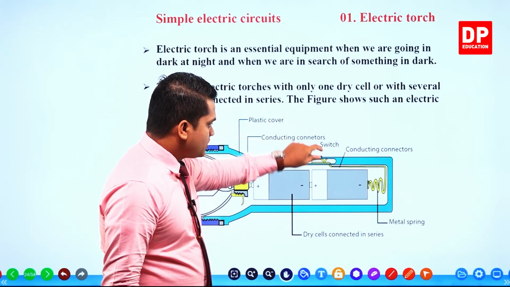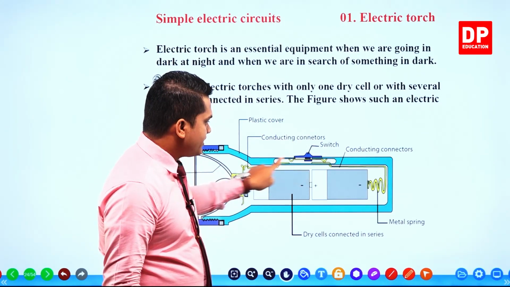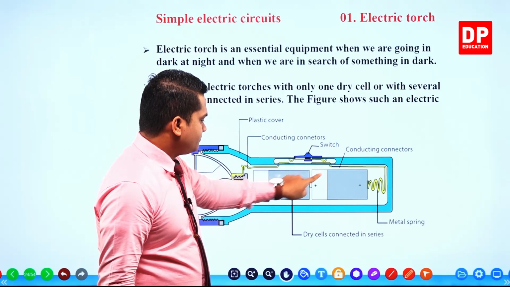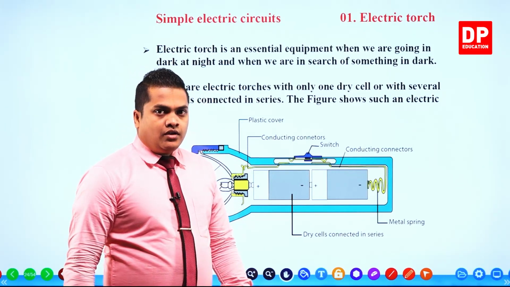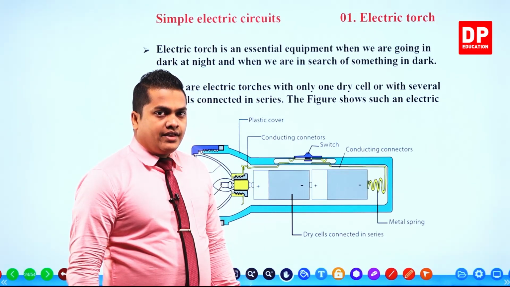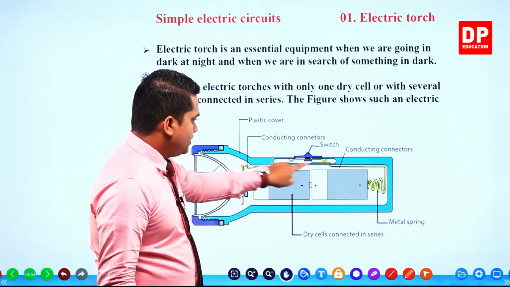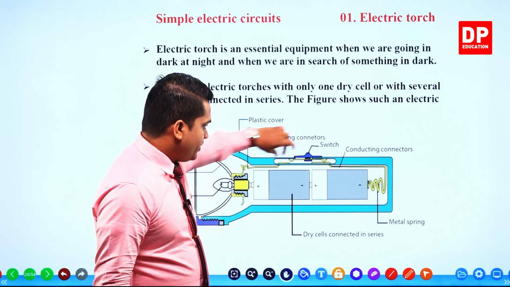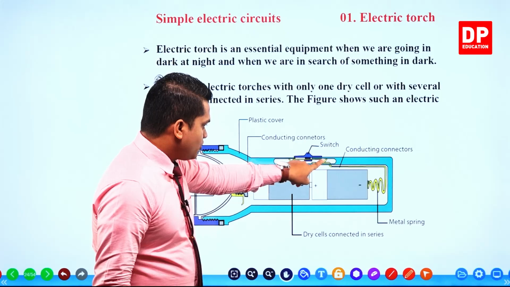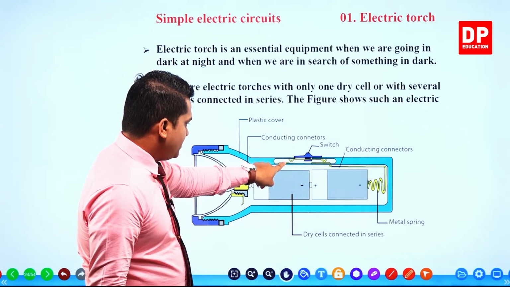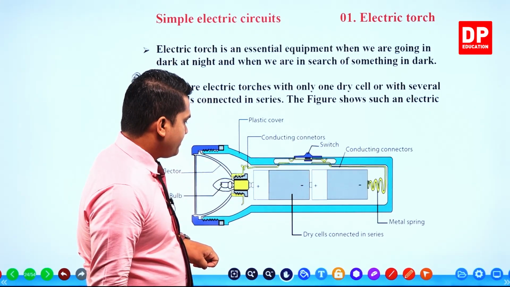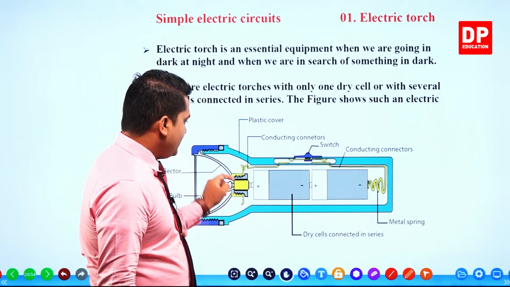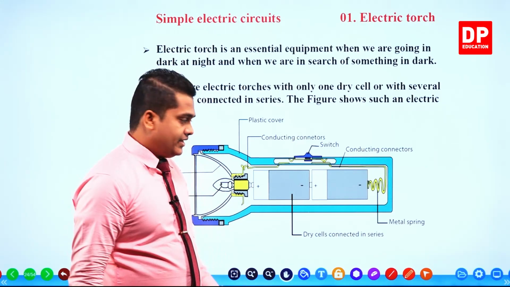In the switch also, a copper plate is moving here and there like this, see? When you move the switch there, this copper plate is going to touch this terminal, right? By that way, the circuit is getting completed.